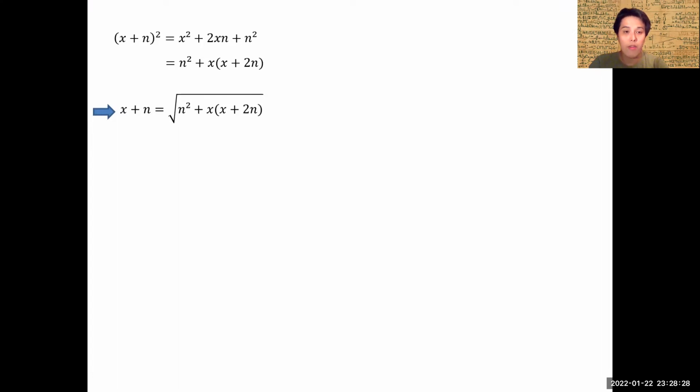So this is our very first radical. Now, if I want to continue, I look at x plus 2n squared. As we can see, if it's squared, you can have the same binomial one more time. For xn, I've just expressed it as xn plus 3xn.